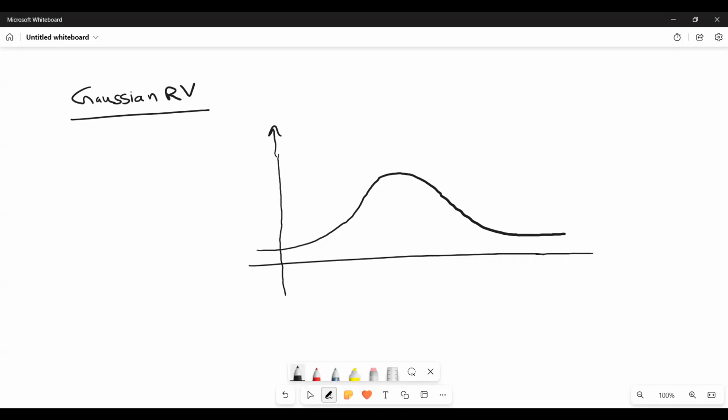We will have x here, f(x) here, and then we have the mean value. This density function is symmetric around the mean. The mean value we will denote as mu, and it is the value around which the Gaussian function is symmetric.